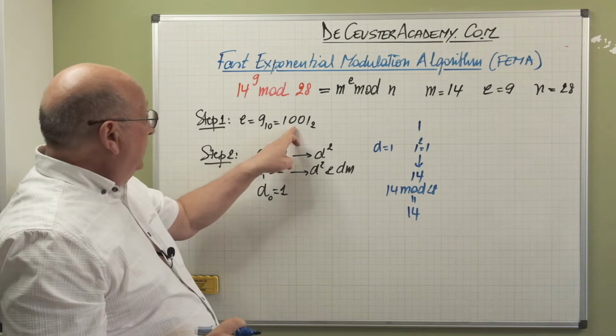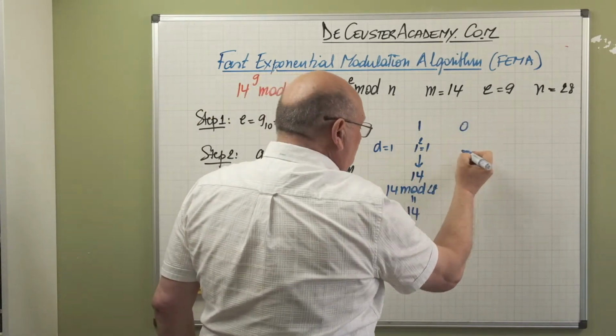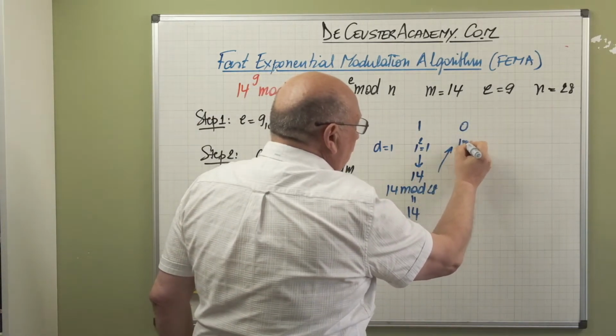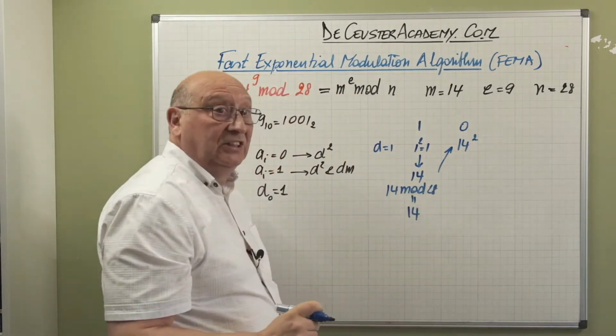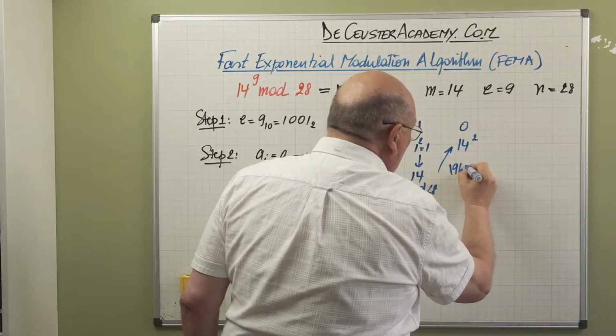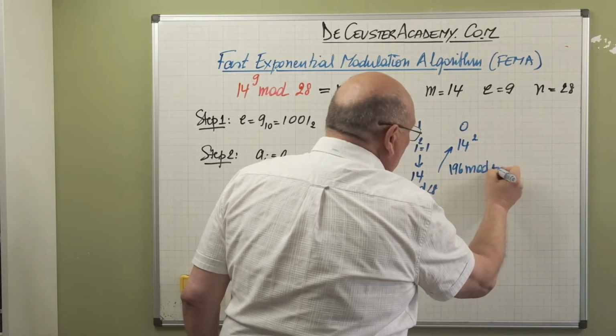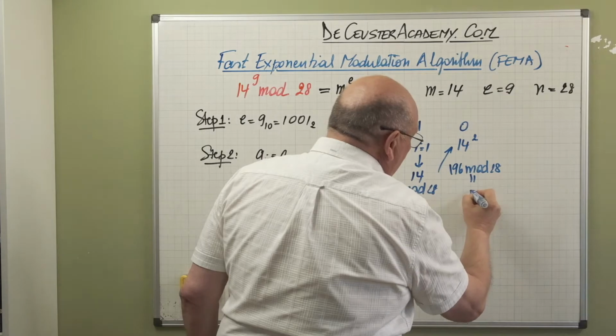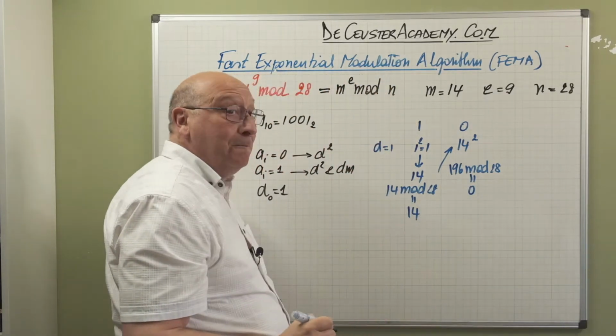The next step, we have the 0 here. We use the 14 to the square, which is in this case equal to 196 modulus 28. And when we calculate this, this is 0.